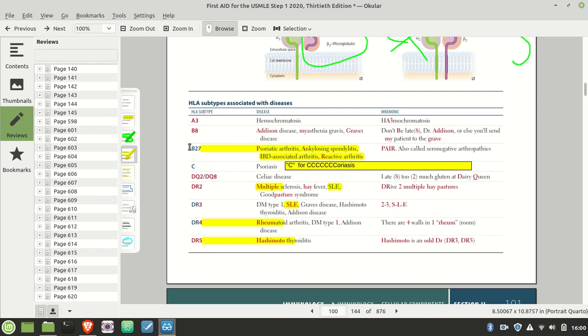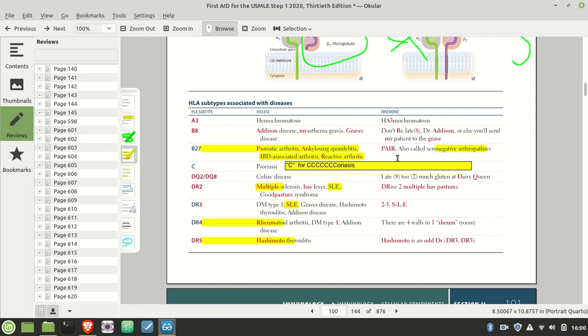Big one though, when you do your rheumatology elective, or if you're ever talking to a rheumatologist, HLA-B27, they run this thing all the time. Huge, huge, huge. Keep on seeing it for your seronegative spondyloarthropathies. Oh, yeah, here we go. You'll keep seeing this time and time again.